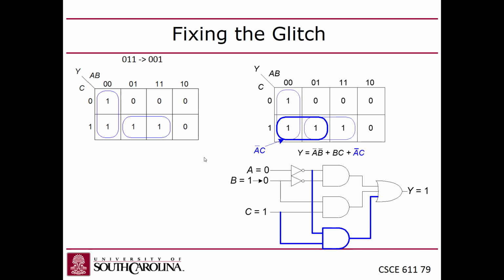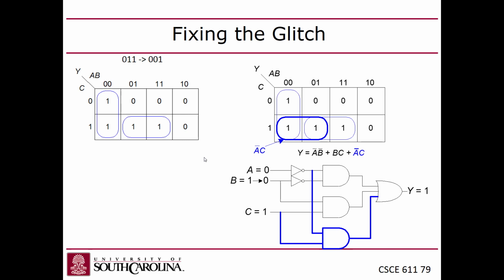When we drop B, when B transitions from a 1 to a 0, that moves us in the Karnaugh map over to here, because B goes from 1 to 0 and everything else stays the same. So notice what happened. We were in this implicant, this Karnaugh map group, and we transitioned to this group.